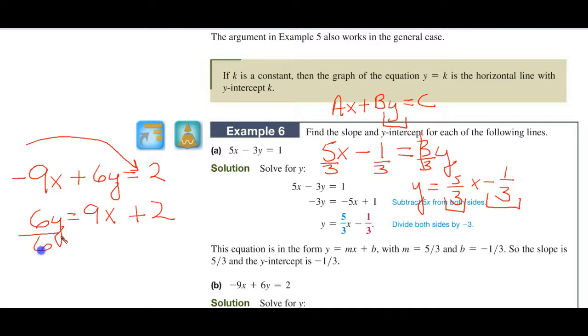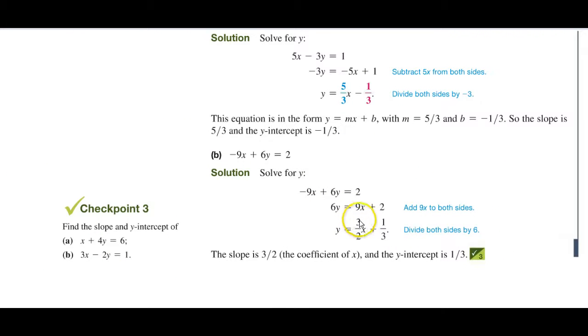Divide everything by 6. I get y equals, simplify that, 3/2 x plus 1/3. So my slope is 3/2, and my y-intercept is 1/3.